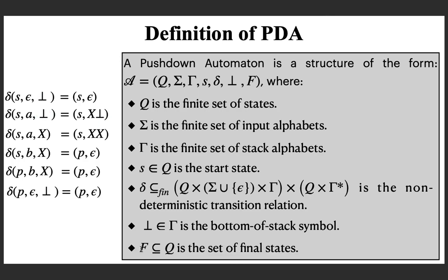And at last you have a subset of states designated as final states. Note that only for one acceptance criterion you need a set of final states. So this is how you can formally define a non-deterministic pushdown automaton. And the structure of the transition relation makes it non-deterministic.